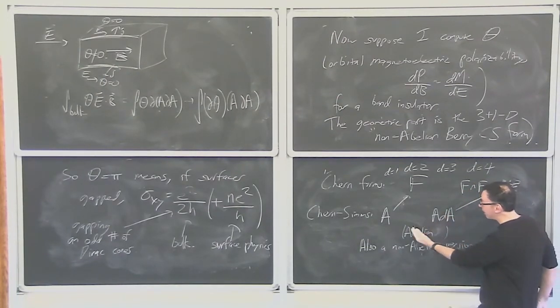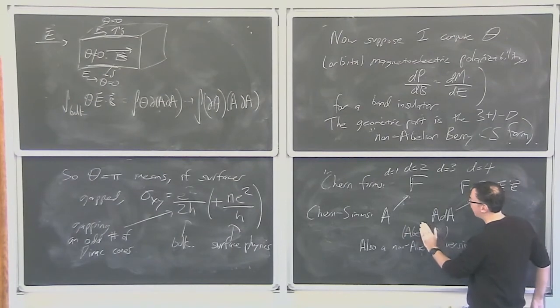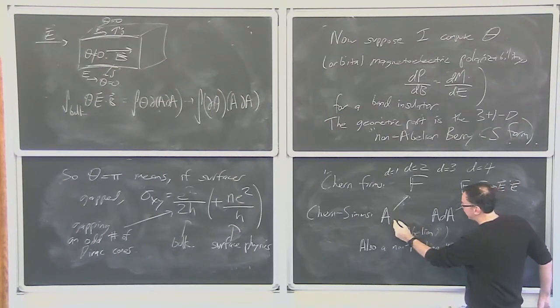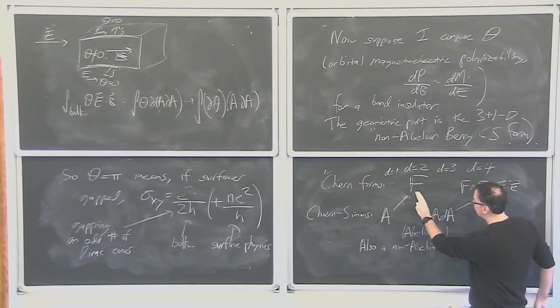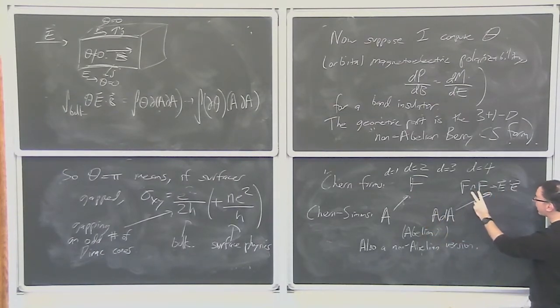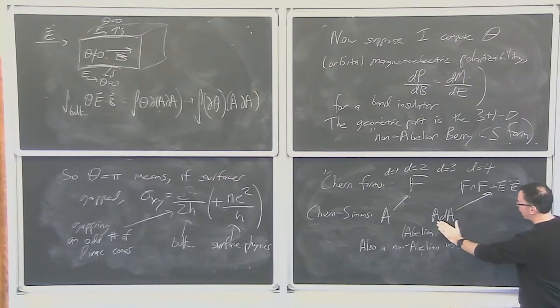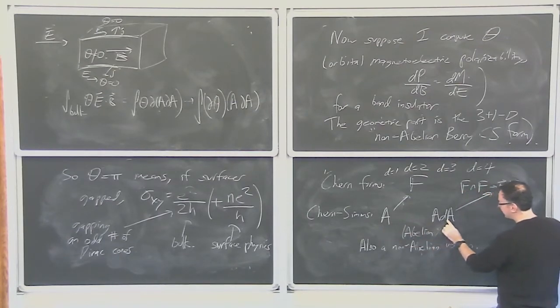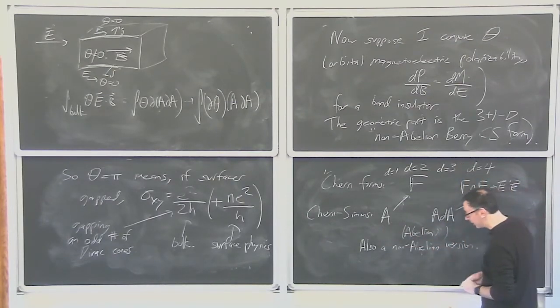If we were talking about Berry gauge fields, we said that A, the Berry connection, was related to polarization, and the Berry curvature was related to quantum Hall effect. So we could ask, well, what is the second Chern form of Berry curvature related to? It turns out this is related to the quantum Hall effect in 4 dimensions. But there's also an object in 3 dimensions. This is polarization, and this is magnetoelectric polarizability.